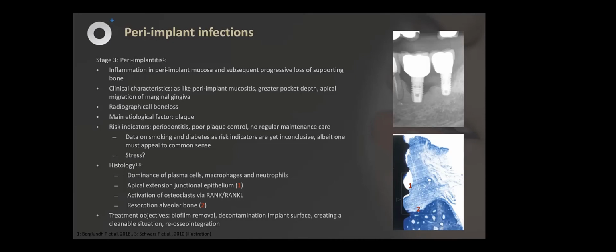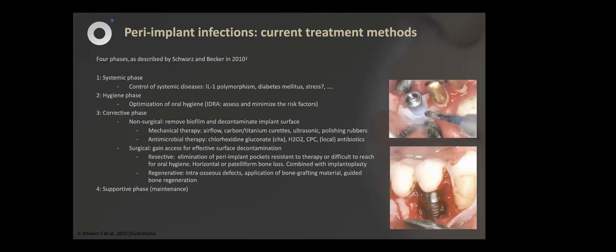The treatment objectives are biofilm removal, decontamination of the implant surface, and how very difficult that is, Irfan showed as well, creating a cleanable situation, and to hope at least for re-osseointegration. If we look at the current treatment methods in peri-implant infections, you can maybe divide that into 4 phases.